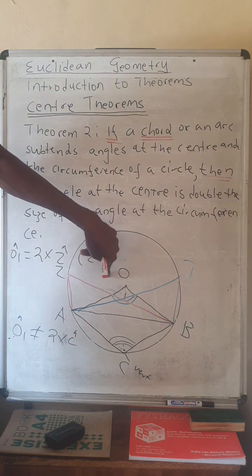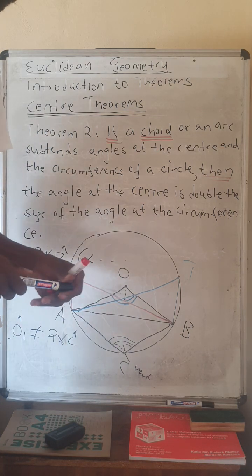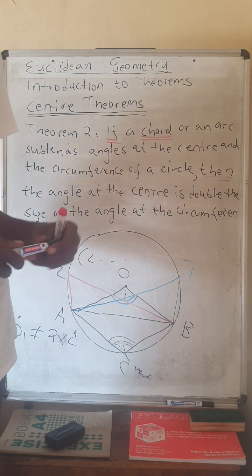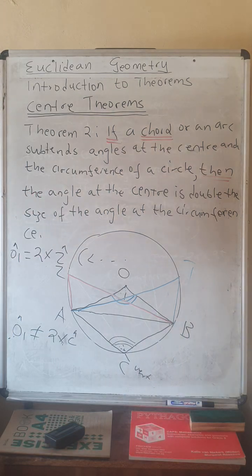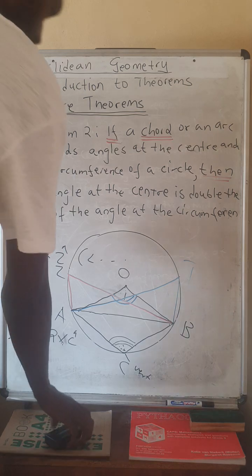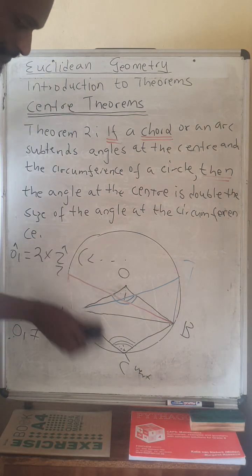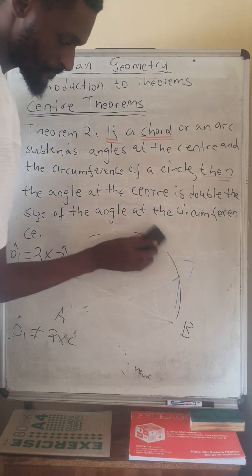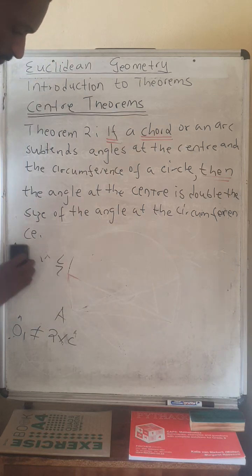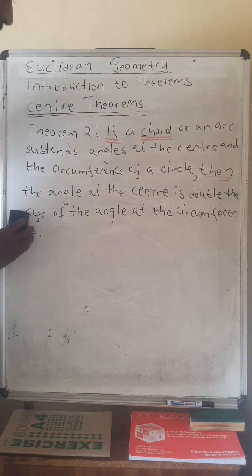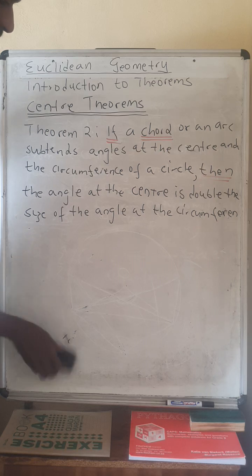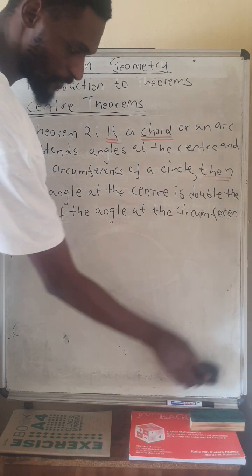But what you need to be careful about is that those angles must have been subtended on the same side of the chord. So let us go to an arc. Still the same theorem, but for an arc now.